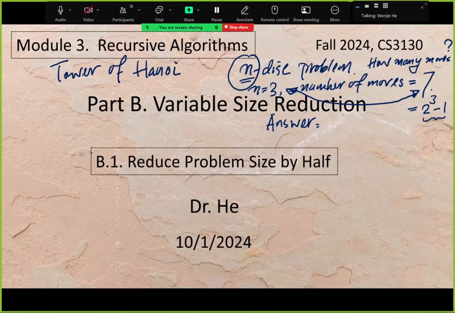That's the relationship. Then for the general case, later we will show it. So here you can guess 2 to the n minus 1 moves. That's the general case.